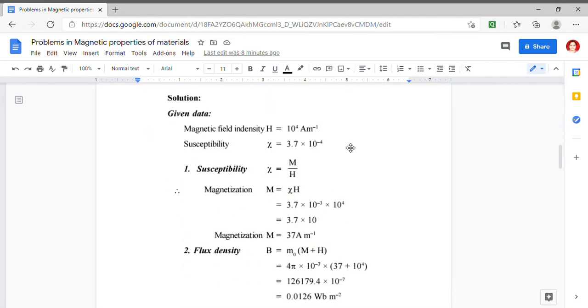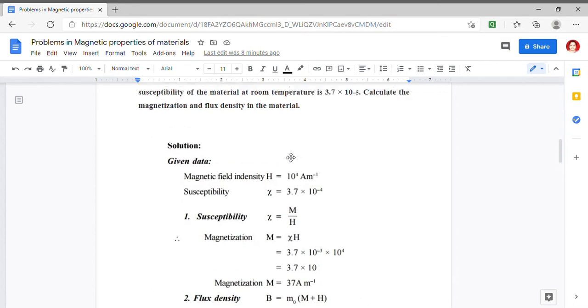From here we can find the magnetization from the relation between chi, M and H. As susceptibility chi equals M by H, we have M equal to chi into H. Putting the given values, we get our magnetization M equal to 37 ampere per meter. So, we have determined the magnetization.